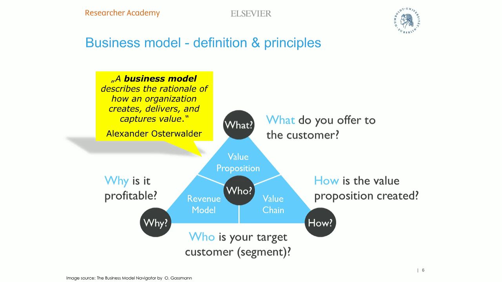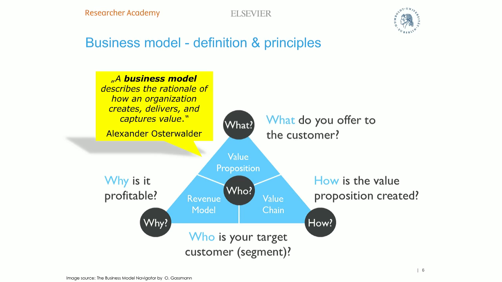Alex Osterwalder defines a business model as follows: a business model describes the rationale of how a company or an organization creates, delivers, and captures value. So you have three elements in this definition. You have to create, deliver, and capture value.